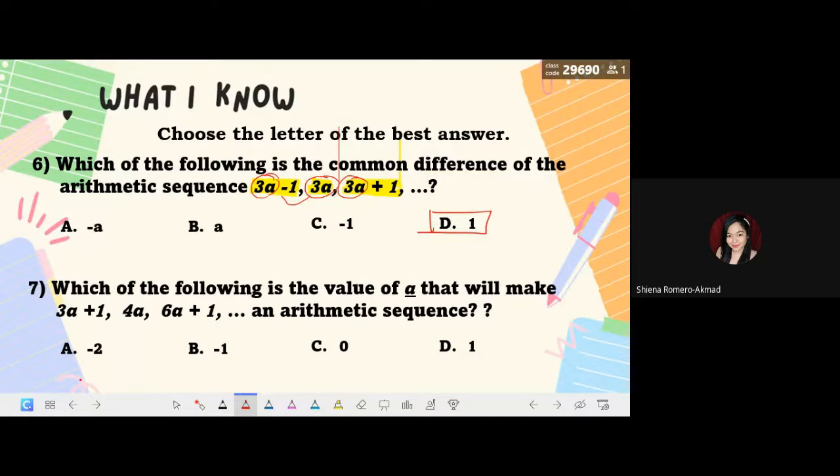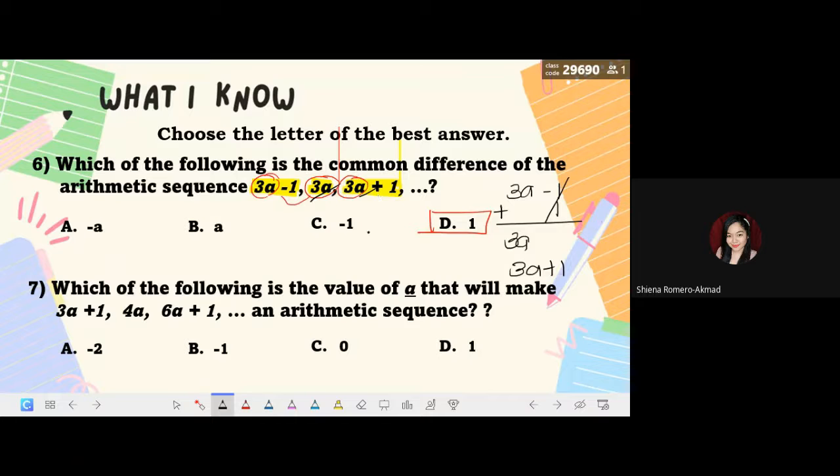So, let's try, okay? Para mas makita nyo ng maigi. We had 3A minus 1 plus positive 1. This will become 0. So, yung next term natin is 3A. Okay, so check yan. Next term natin is 3A. How about if I add positive 1 to 3A? This will become 3A plus 1. So, yun na siya.